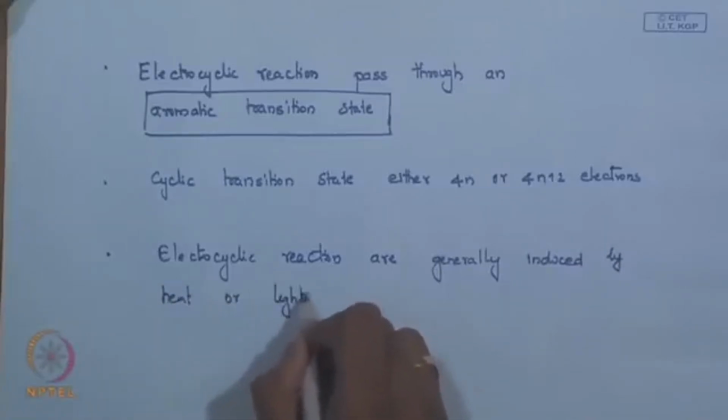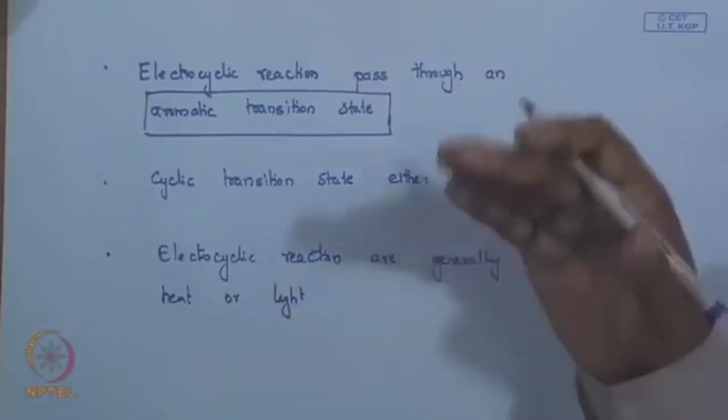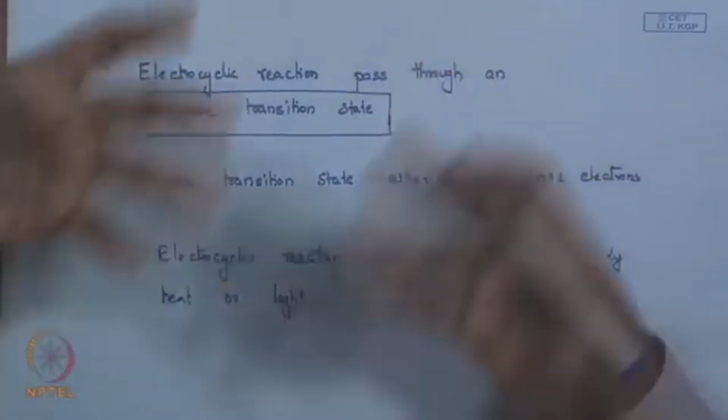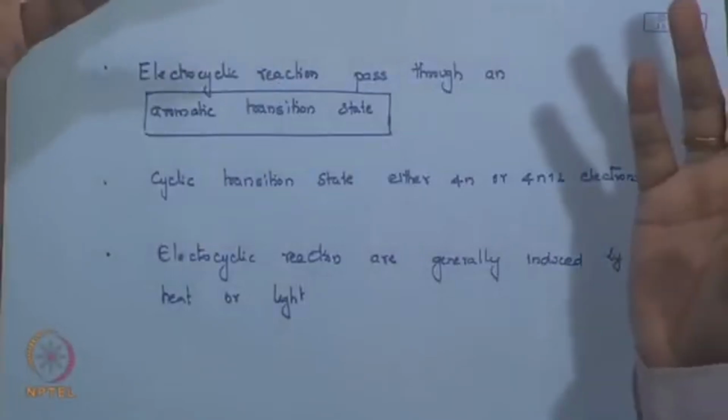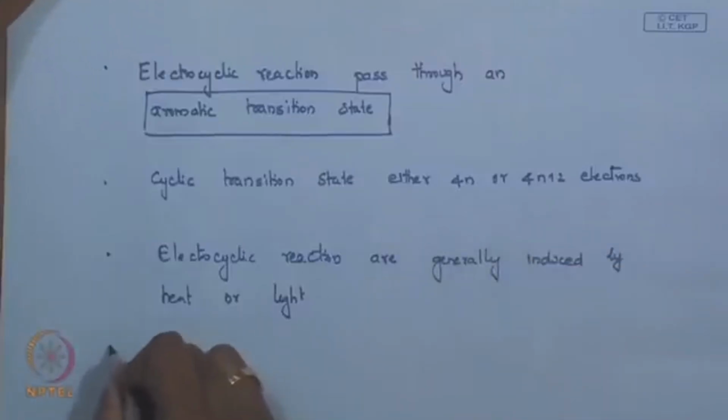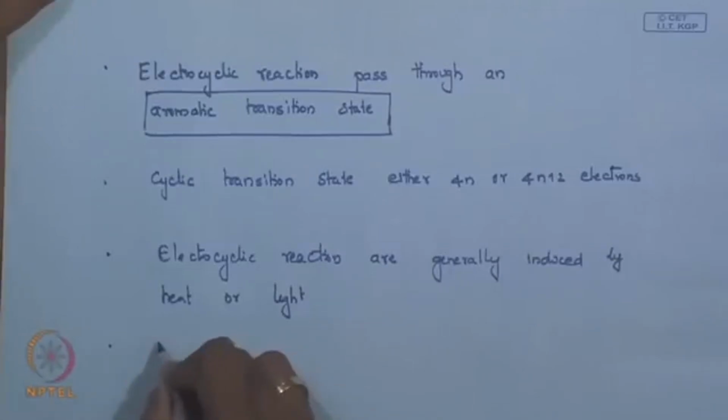So, to carry out an electrocyclic reaction, either you heat the system, or on the other hand you can shine light on the system, so that it can undergo this cyclization reaction. And one more important point which you have to remember is that electrocyclic reactions are reversible.